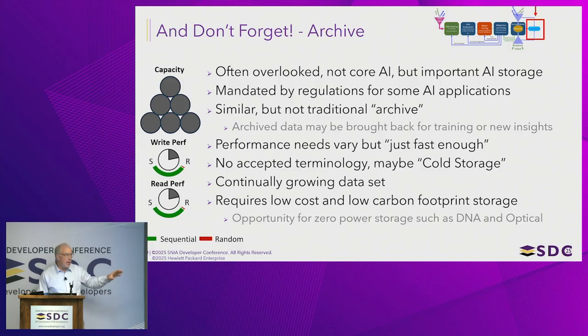Every time you tell an AI engine to generate a meme that you can send to a friend or generate a PowerPoint slide that you're going to present to an exec, there's more data that somebody's going to put in an archive somewhere. And we really need to think about low-cost, low-carbon footprint storage to do that. There's a couple of spaces that SNIA has been dabbling in around DNA and optical that I think are kind of interesting there. Nothing clearly has broken through yet as what is this next generation archival storage.